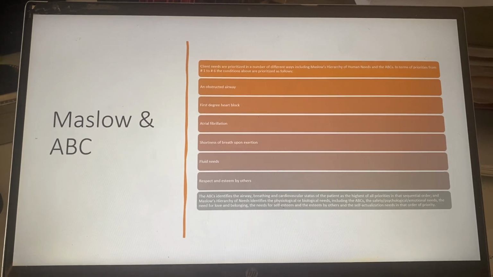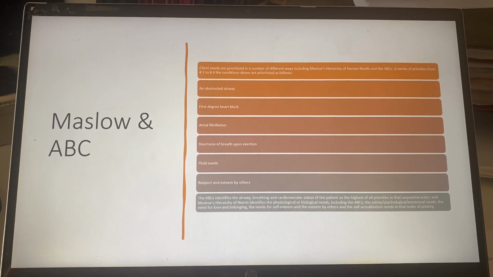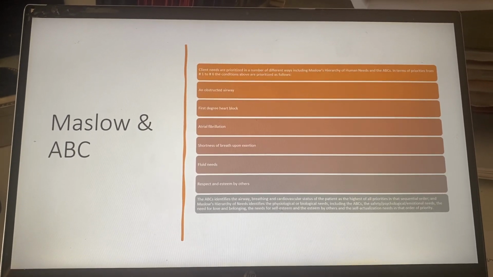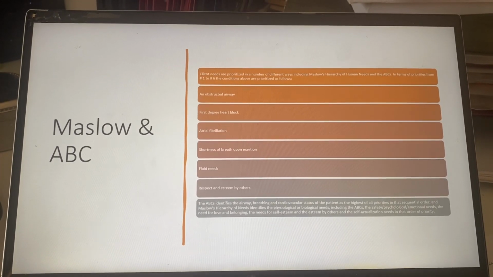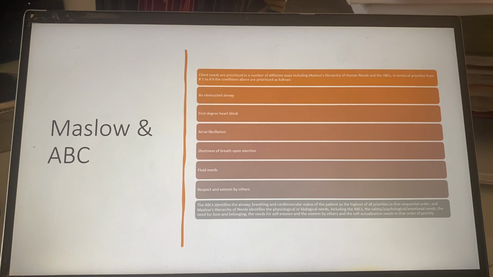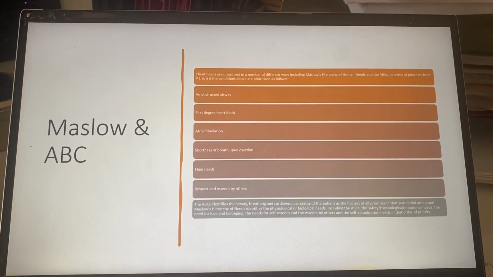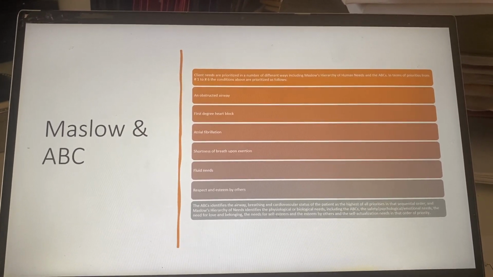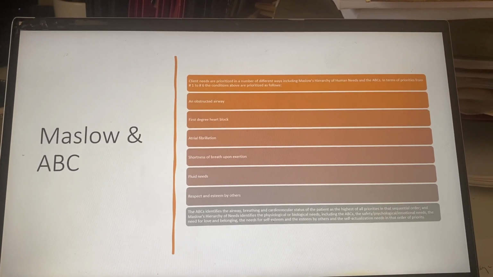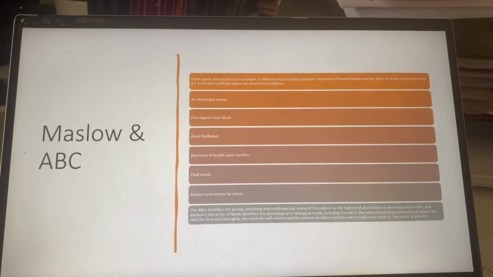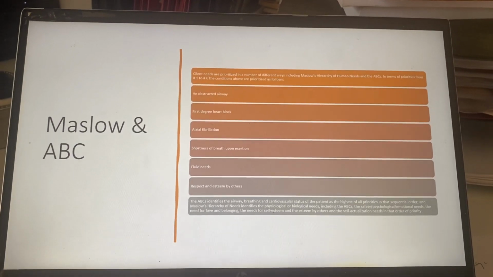I hope this was helpful in picking out that keyword, obstruction, and asking: is there anyone else with an airway or circulation problem that has to do with blockage as well? And then that shortness of breath only upon exertion. So make sure you read your full statements and understand what's going on with your client.